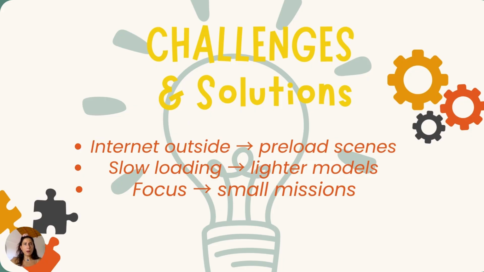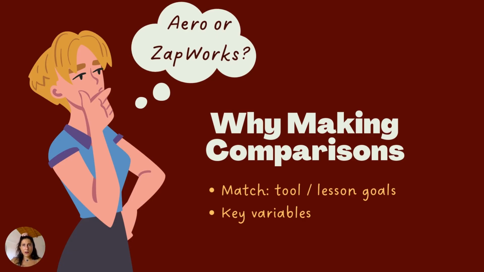But how do they compare side by side? Let's see which tool works better for different teaching purposes and situations. Each tool, of course, has different strengths, so it's important to choose the right one for the right moment and scope.